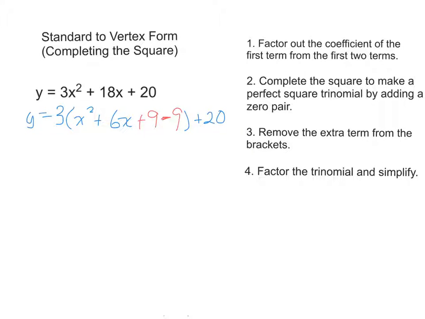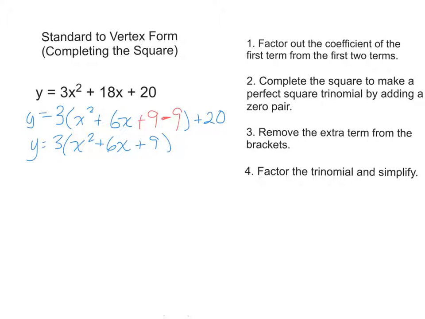The third step says remove the extra term from the brackets. So the extra term is the -9 that I put in there. I need it as part of the equation, but I don't want it inside the brackets, because all I want inside those brackets is the perfect square trinomial. So we'll just take it out of there. x squared plus 6x plus 9, I'm going to close the bracket there.